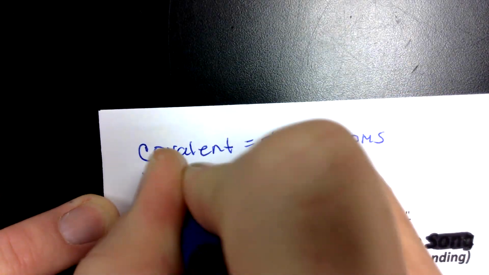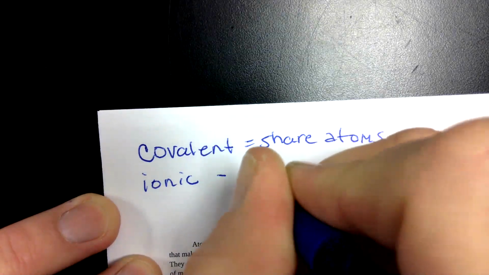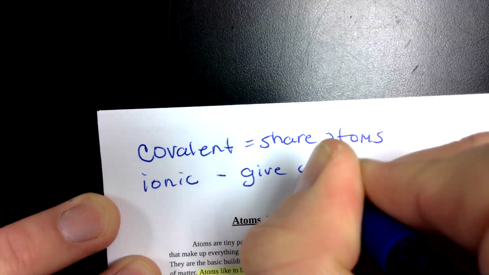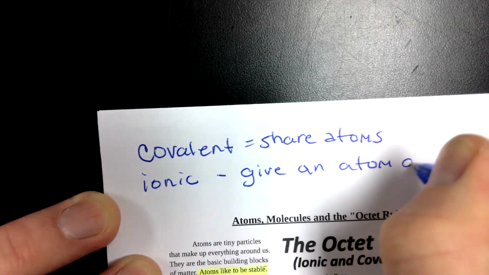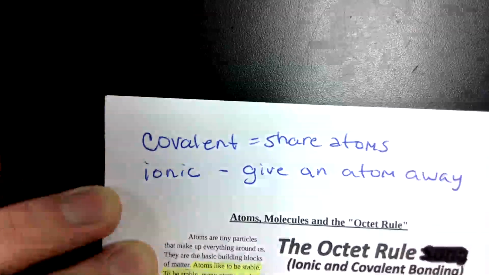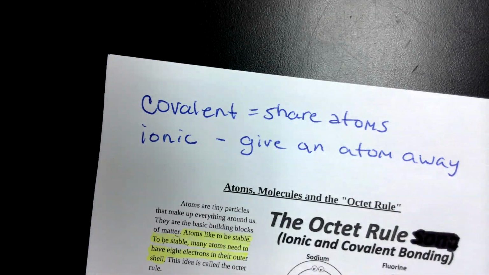Ionic bonds is when they give one away. In other words, they have an extra they can give. Some elements are able to give more than one atom away.